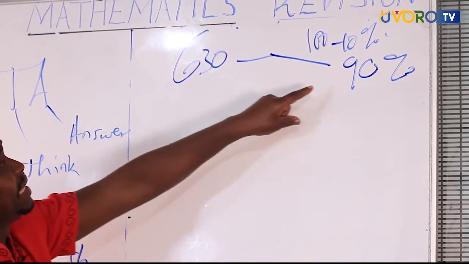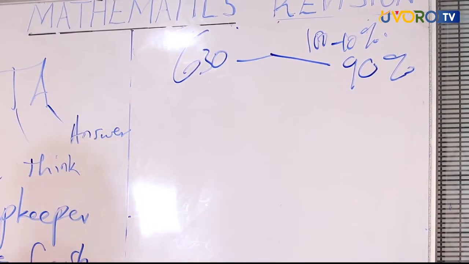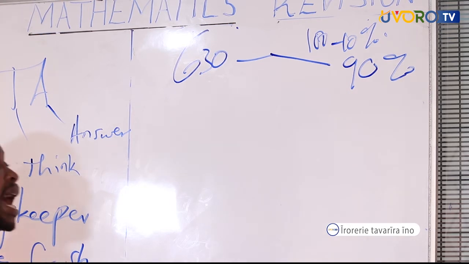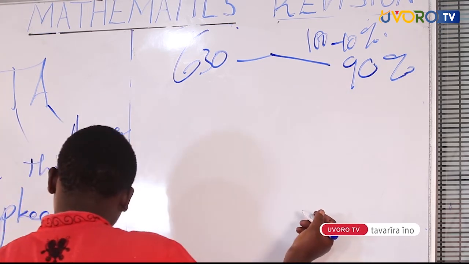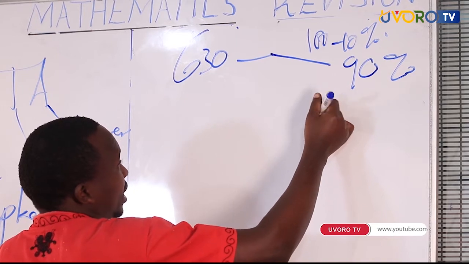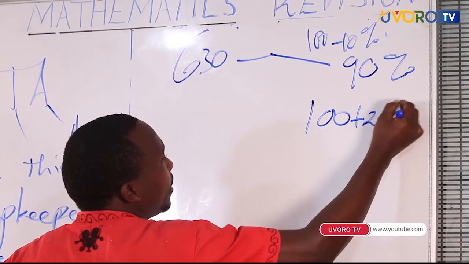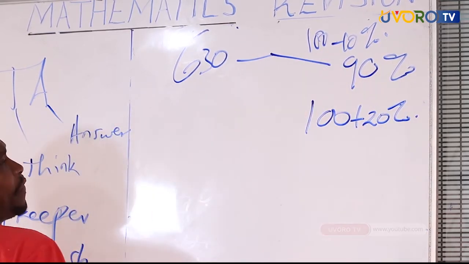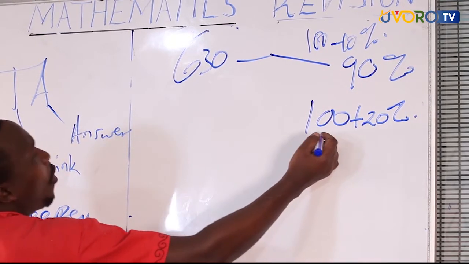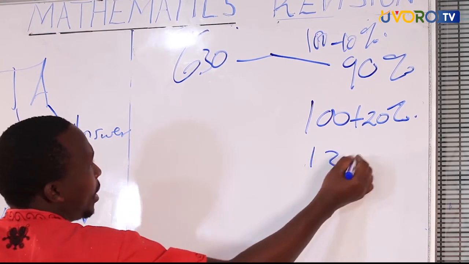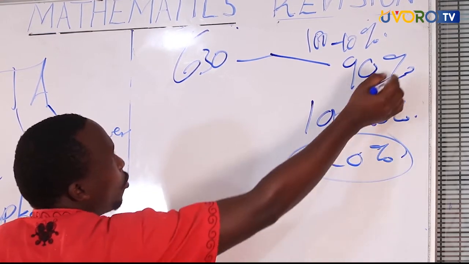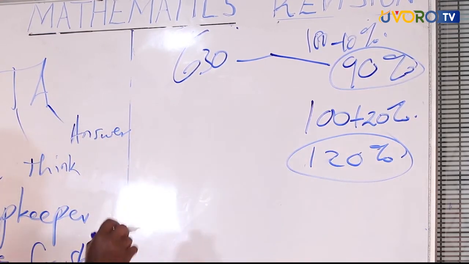Meaning, 630 is equal to 90%. For how much should he sell to make a profit of 20%? So profit should be plus: 100 plus 20, which is 120%.